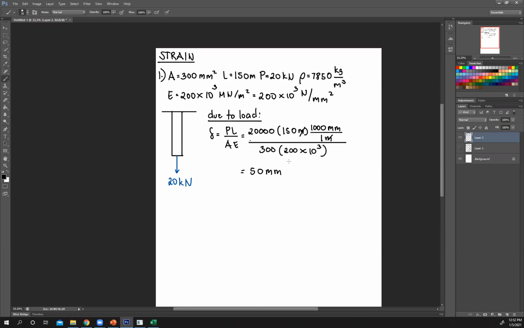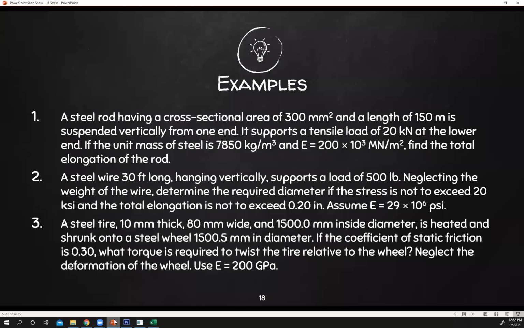Now, are we done? Is this the answer? What do you think? Is this the answer, yes or no? Just put there. Find the total elongation of the rod. Is it 50? Is that the final answer? Everybody answer yes or no. How about the others?